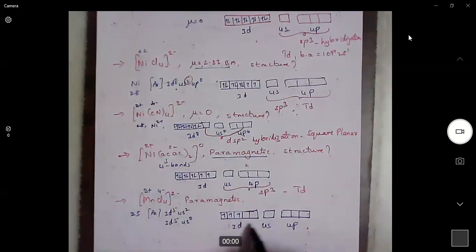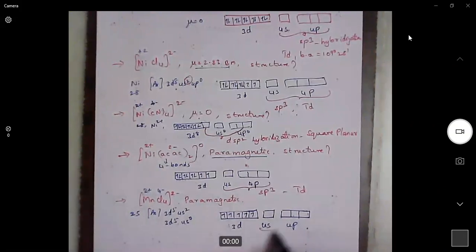It is not d2sp hybridization. If you think it will be paired up partly, that is not possible. So it will have all 5 electrons in each d orbital. Then 4s orbital and 4p orbitals are empty.